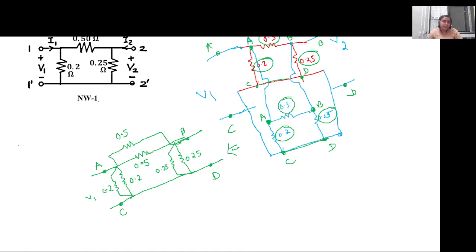Now when two resistors are connected in parallel and they are the same, R equivalent will be equal to R into R by 2R, which is R by 2.